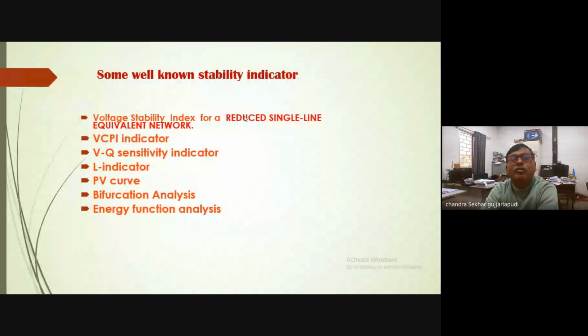Nowadays, researchers have developed many indicators, like the voltage stability index for a reduced single line equivalent model, the VCPI indicator, the DQ sensitivity indicator, and the L indicator. PV curve bifurcation analysis and energy function analysis are also there.